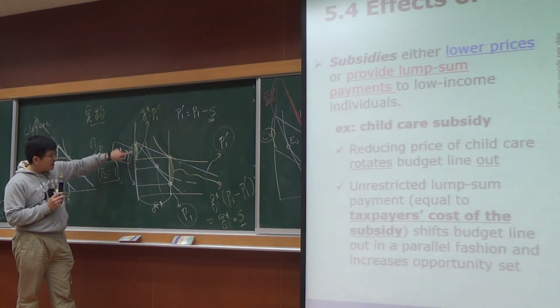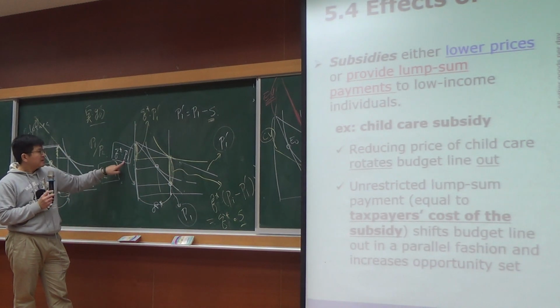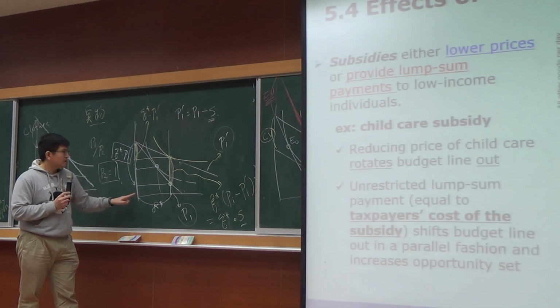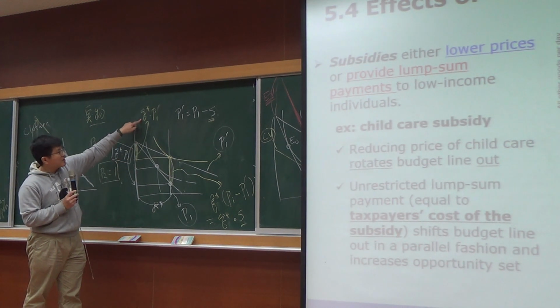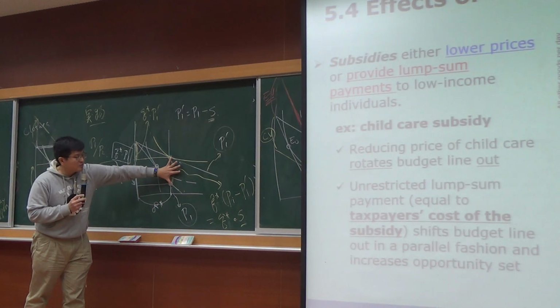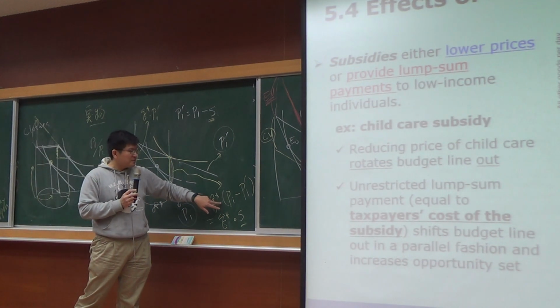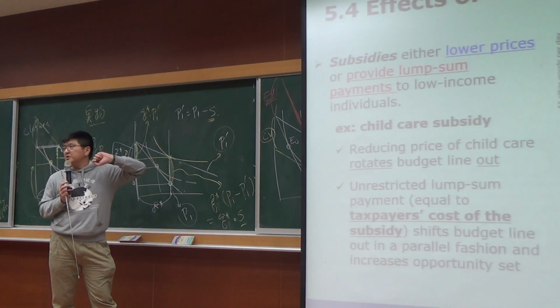Once again, this amount would be Q star times P1. And this would be Q star times P1 prime. And their difference would be Q star times P1 minus P1 prime, which is S, per unit subsidy.